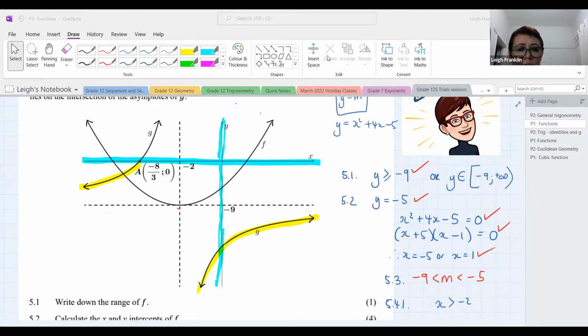Okay, so Cassandra, you're saying you're a little bit lost. Where did we lose you, Cassandra? What's not making sense? No, not where x is less than -2, where x is greater than -2.